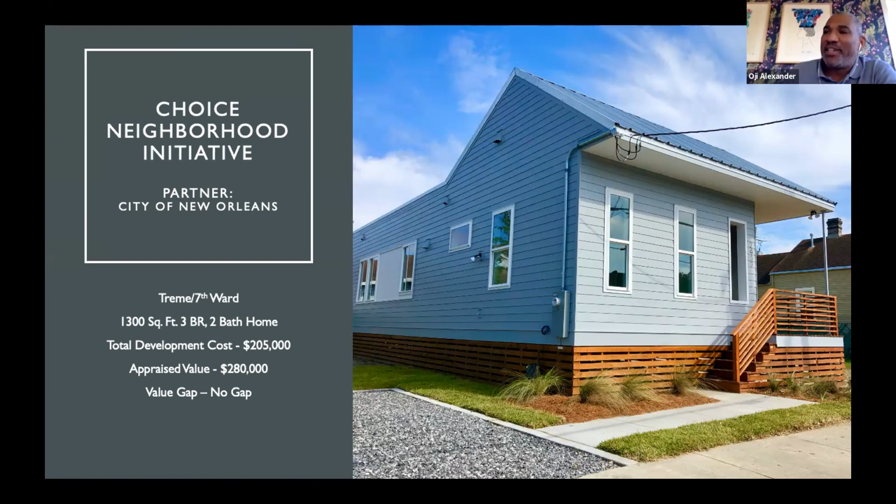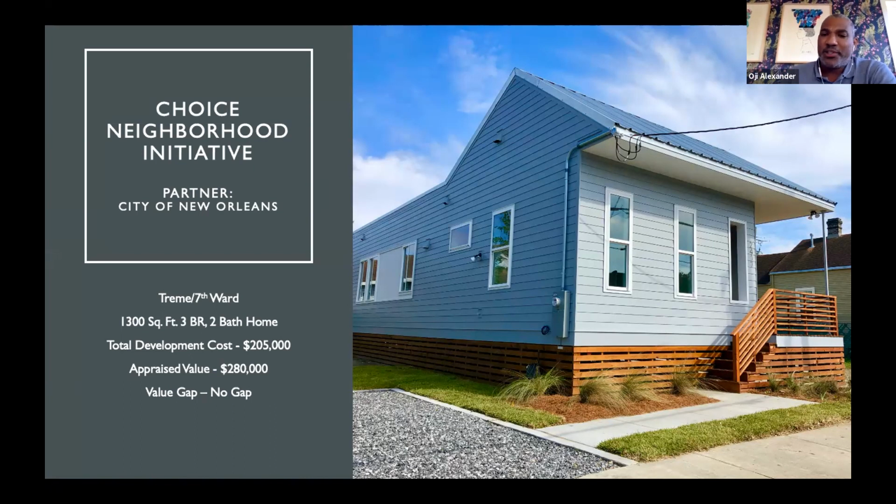I use this as the first example because Treme and the 7th Ward are two historically African-American neighborhoods whose housing costs have seen really sharp increases since Hurricane Katrina. The unregulated short-term rental market really did a number on this neighborhood. We found a lot of residents not being able to stay in their homes, but also not having options elsewhere in the city.